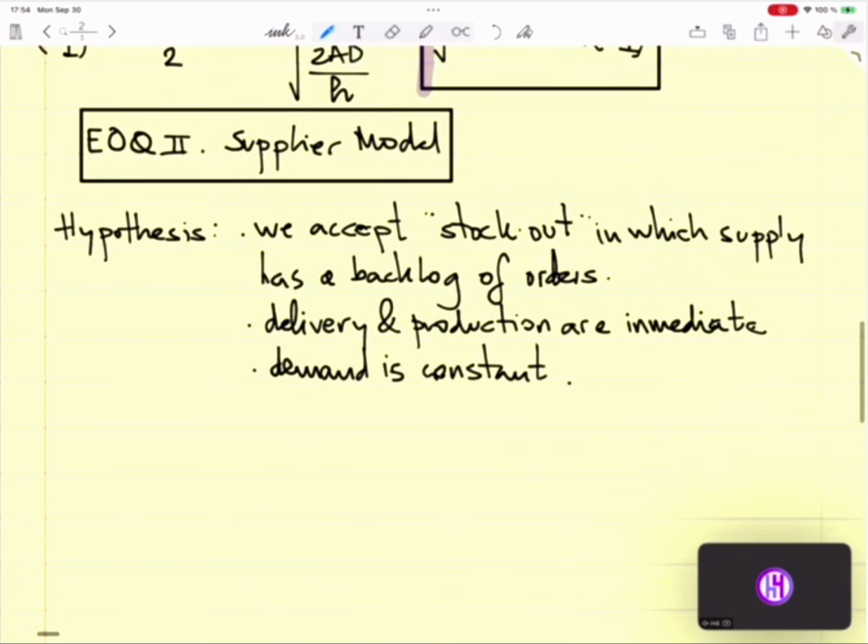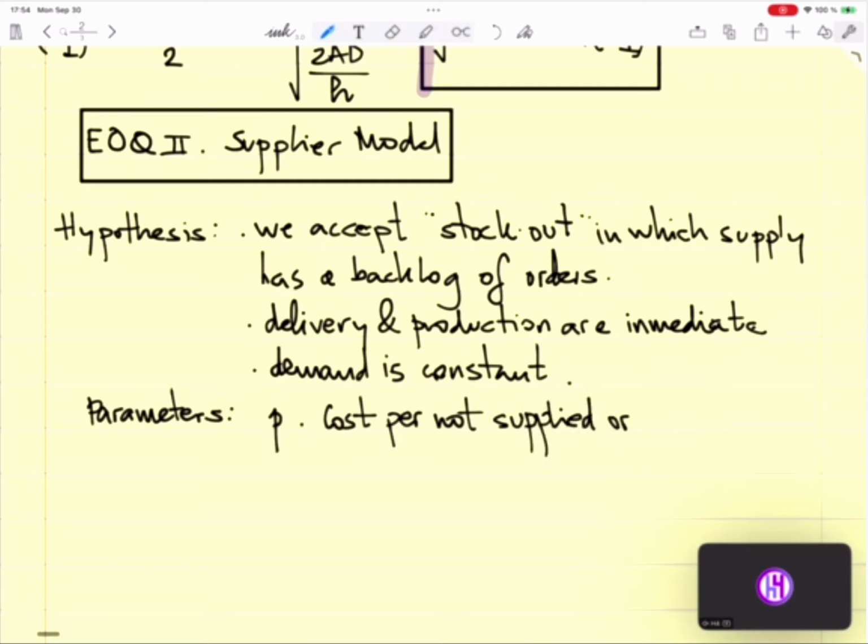Okay, so the parameters here are a little bit more than before. Remember those we had, those stay, but we also have P as cost per not supplied orders, measured in euros per unit or euros per part.